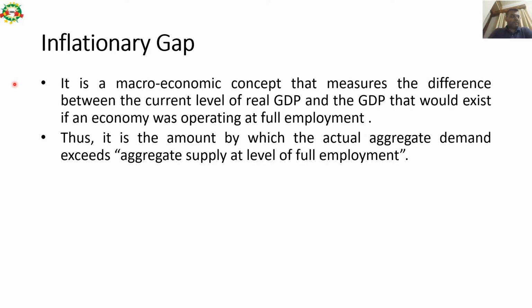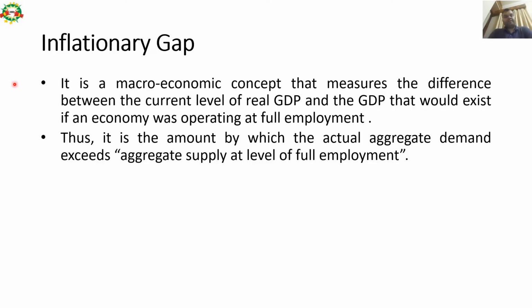So next is inflationary gap. It is a macroeconomic concept that measures the difference between the current level of real GDP and the GDP that would exist if an economy was operating at full employment. So assuming 100% employment in the economy, say my GDP was 200.